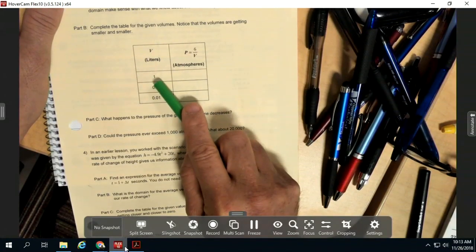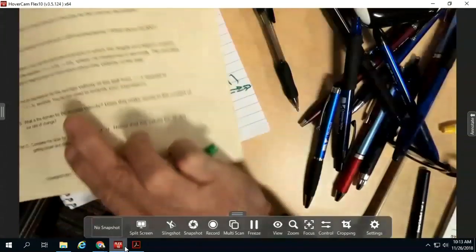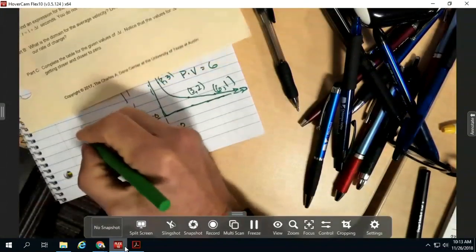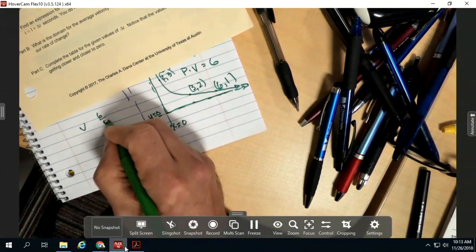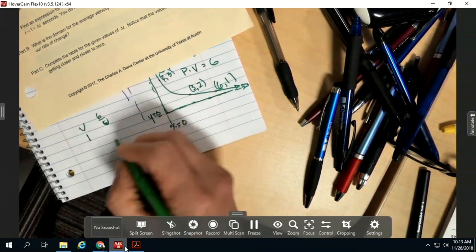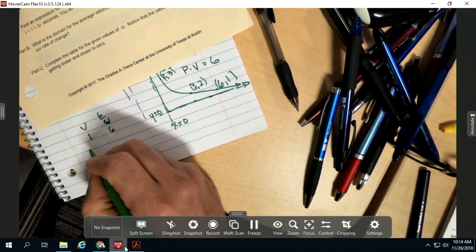Pressure is 6 over volume. If the volume is 1, the pressure is 6.